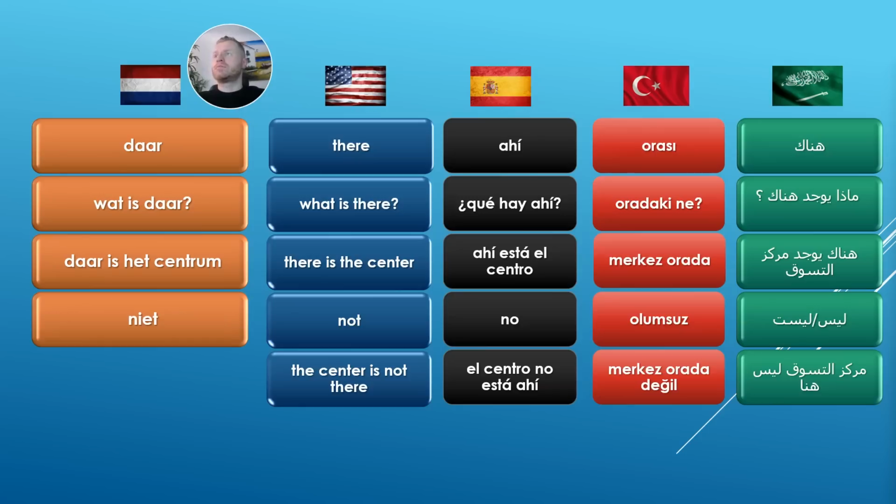Not: niet. The center is not there. In Dutch: het centrum is niet daar.